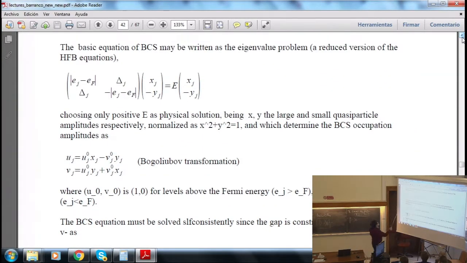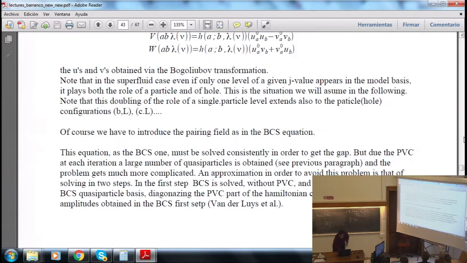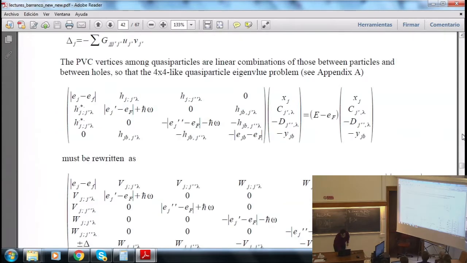This is the BCS, where you have the absolute values of the difference with respect to the Fermi energy, the large and the small amplitudes, the eigenvalue, the pairing gap, and in our particle vibration coupling, you have exactly the same structure, but with a 0 here and a 0 here.